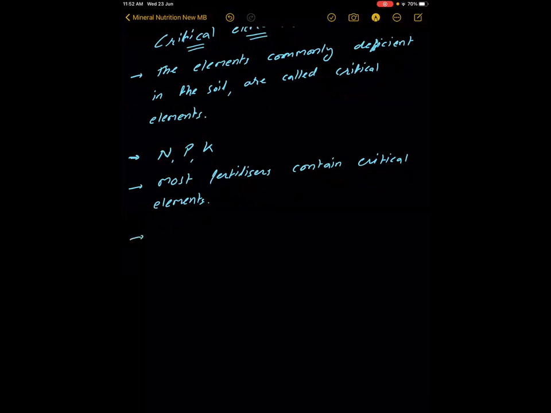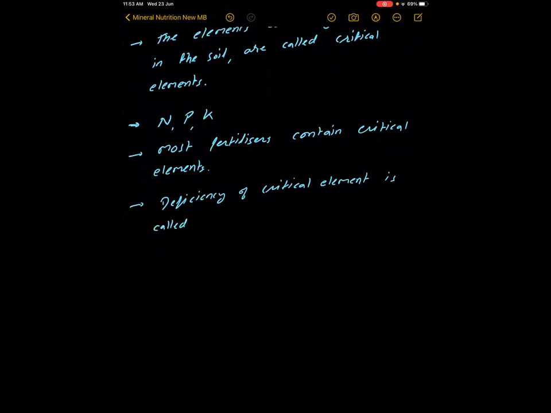A deficiency of a critical element is called primary deficiency. It means the deficiency of other elements is called secondary. This is primary deficiency, NPK. So it is called primary deficiency.